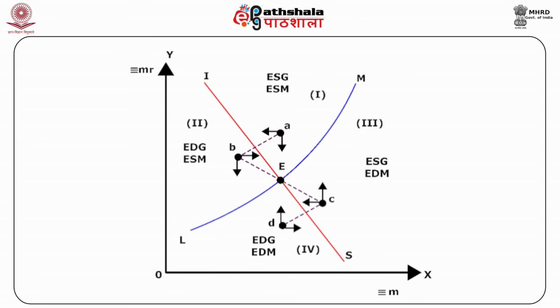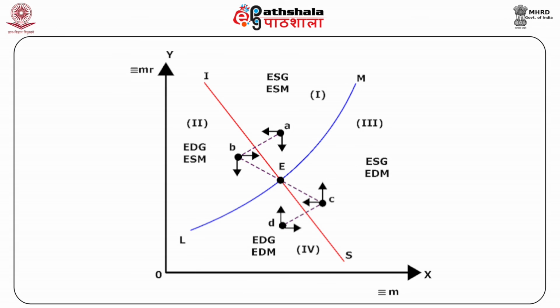The way to understand this is that if we are talking about the IS function, it is with respect to the goods market, and the goods market is being measured on the x-axis. Therefore, the arrow would always be parallel to the x-axis, that is, we would talk of contraction of the income level or expansion of the income level, and therefore the arrow is horizontal.